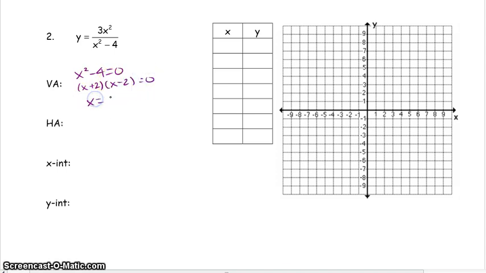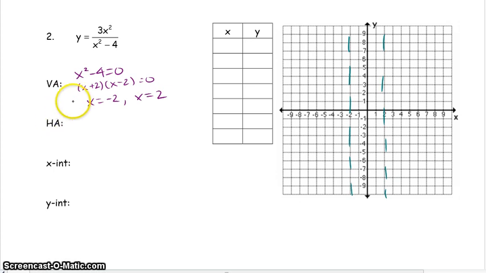So it gives us values of x equals -2 and 2. So we're going to have two vertical asymptotes, one at -2 and one at 2. I like to draw them in as I go.